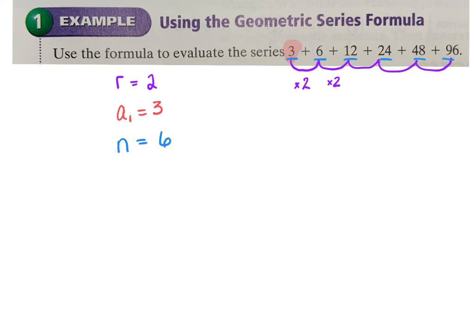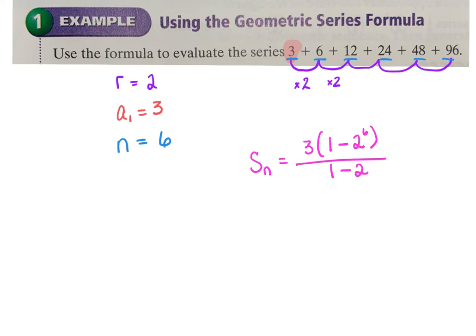And so if I were to plug this in, I'm just going to use the formula that they gave me. The summation of that is going to be the first term, 3, times 1 minus my common ratio, 2, to the n, which is 6, all over 1 minus 2. And then you just do it.